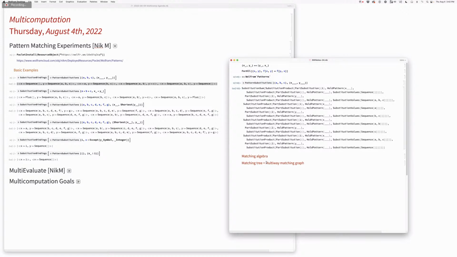I have a separate function in the Packlet called substitution apply. If you feed it the object returned by pattern substitution and the pattern that you generated it from, the goal is that it should recover the expression back.